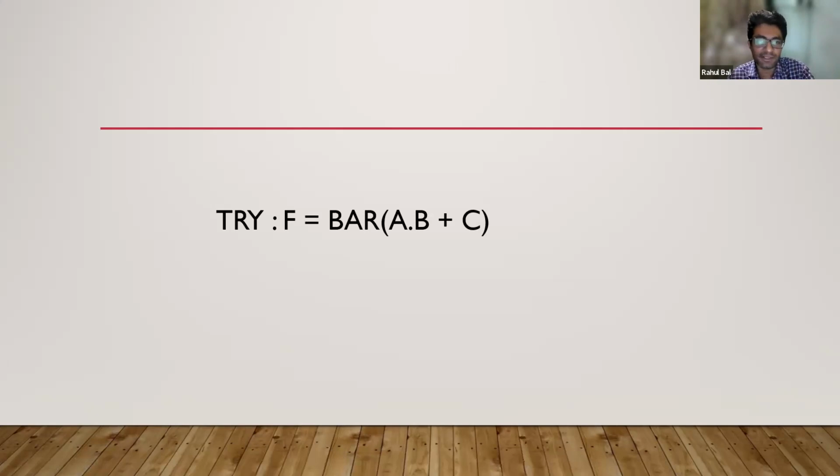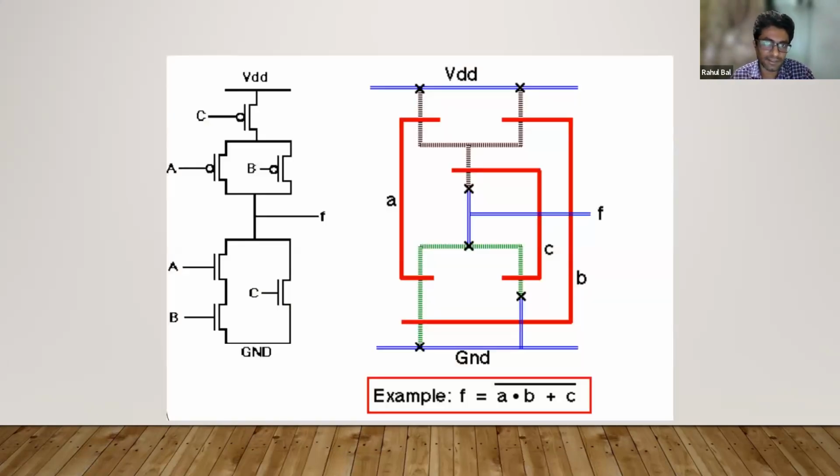So A dot B plus C, whole bar. Okay, so you just try this. You should get this stick diagram. You take the photo of this. Since we are using 3 variables here, A, B, C, you will use 3 red color lines in the stick diagram.